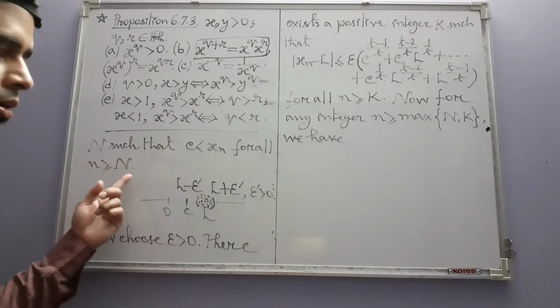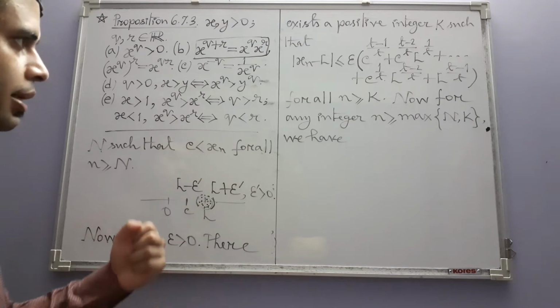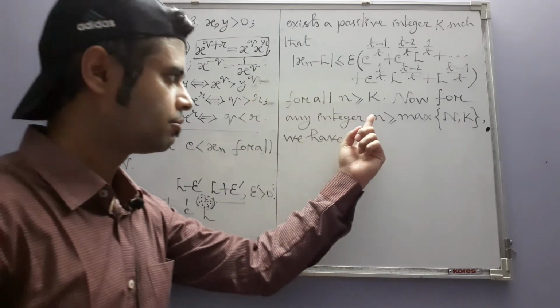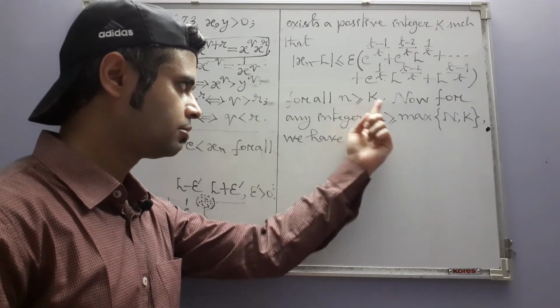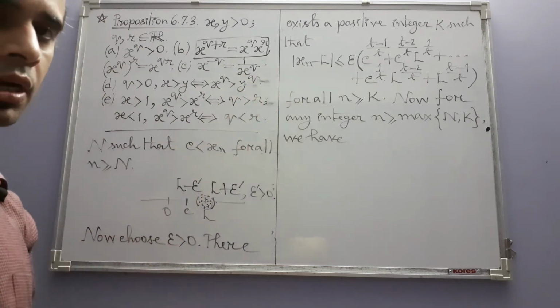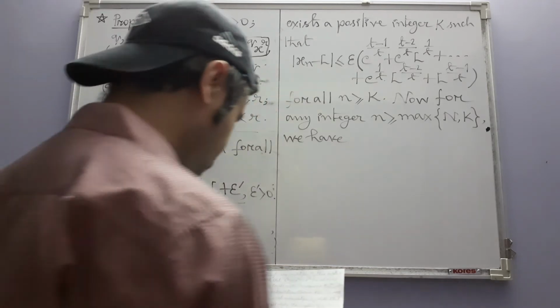Starting from capital N, all the terms xn are greater than c, and starting from capital K, these things happen. So for the choice small n like this, both these things will happen with the terms xn. So we have this.